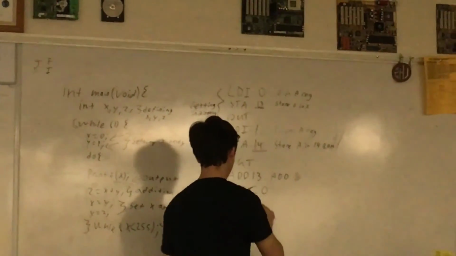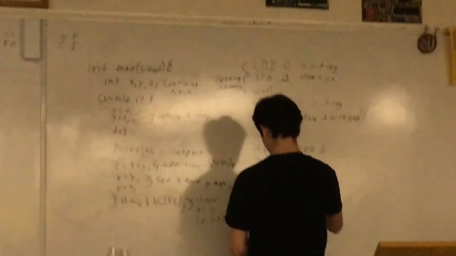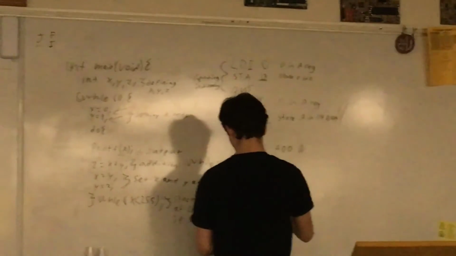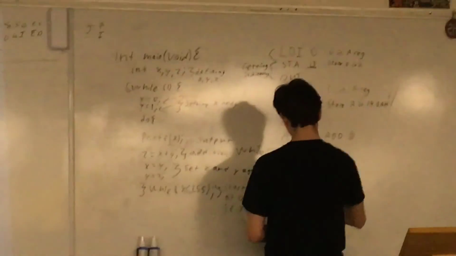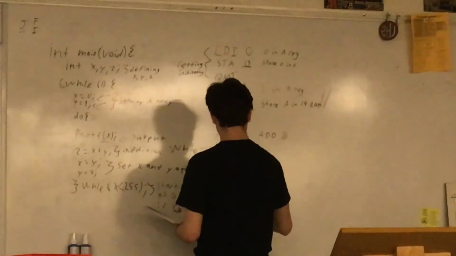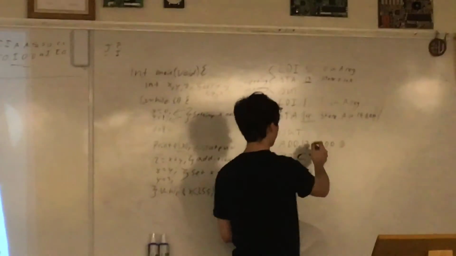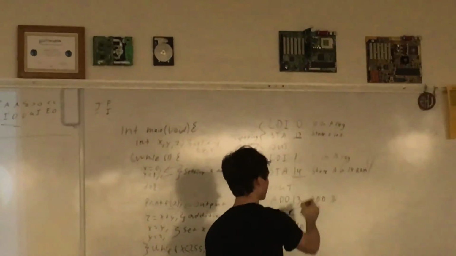And if we go past that, we're going to have another store A. Store A 15. Then you're going to load A from 14. And 15 would be Z. So if you think about it, we add X and Y together.